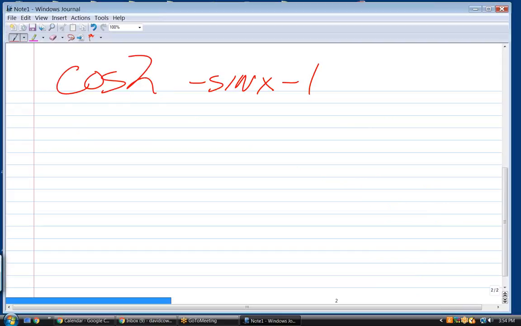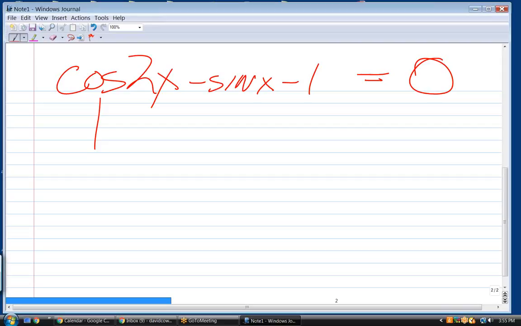cosine of 2x? Now I got an equation that's got two different types of trig functions in it. Well, I would use the identity that had the sine squared only in it, so that I could turn this into a quadratic in sine x.